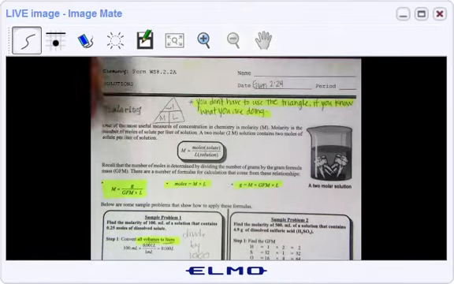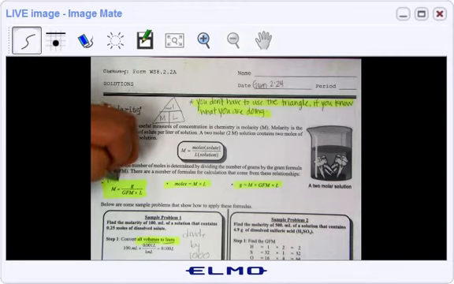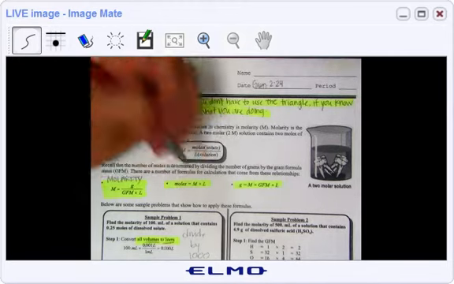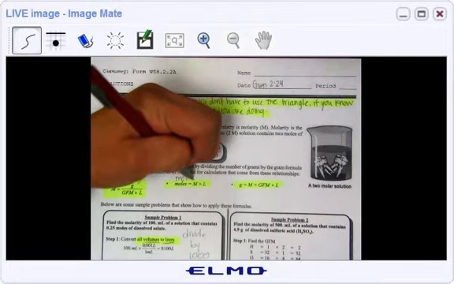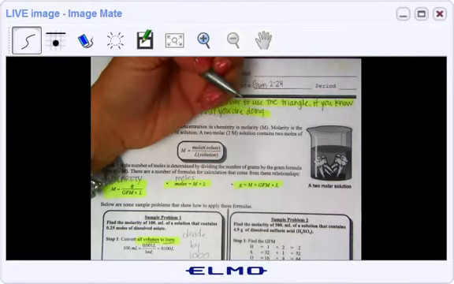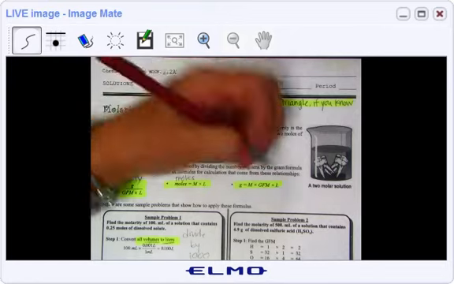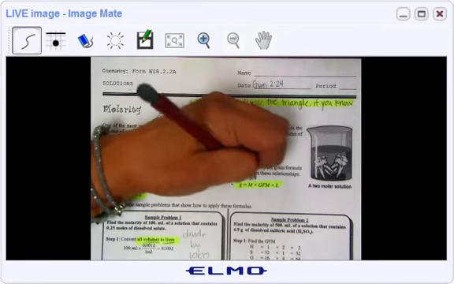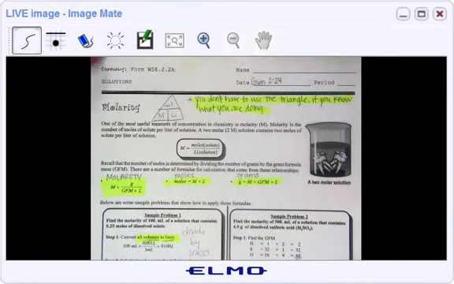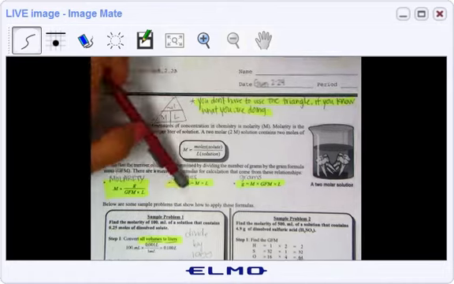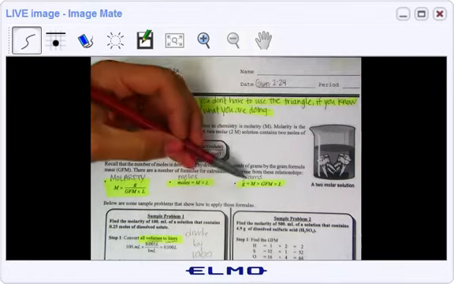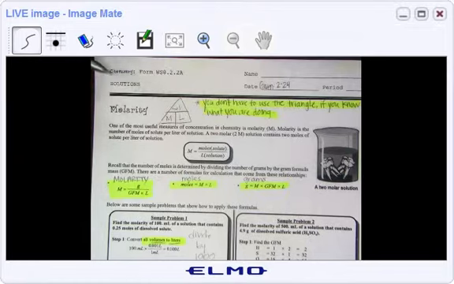The capital M is for molarity. Moles is for moles. G if it's asking you to find grams. So depending on what they're asking us for, we're going to fill in the numbers we need to find the answer.